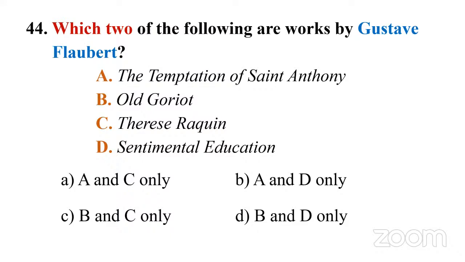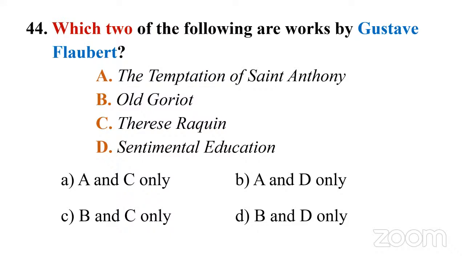Then C, Therese Raquin. And D, Sentimental Education. Then we have the options. Option A and C only, in the sense, The Temptation of Saint Anthony and Therese Raquin only. Or B and D only. C, B and C only. D, B and D only.